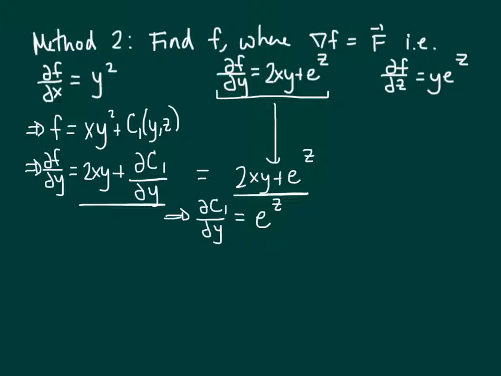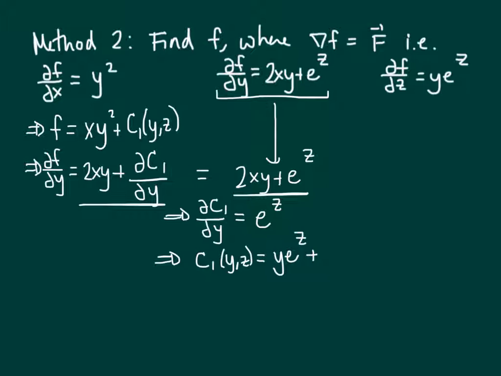And that tells me that c1, which is a function of both y and z, integrate both sides with respect to y, I get y e to the z. When I'm integrating both sides with respect to y, I'm still thinking of z as potentially a constant. So now I'm going to have some new function that's just of z.